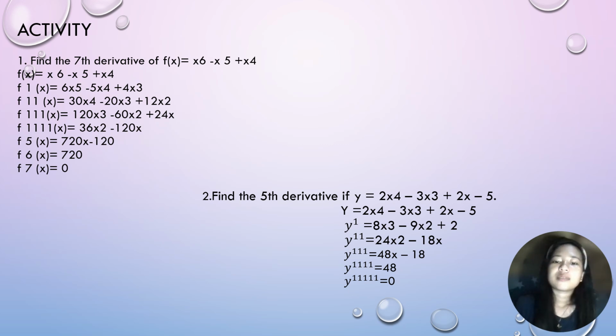Next, the second derivative is 3 times 8, 24x, 3 minus 1 is 2, minus 2 times 9 is negative 18x, then 2 minus 1 is 1. So the third derivative is 24 times 2, 48, so 2 minus 1 is 1, so 48x minus 18. The fourth derivative is 48 and the fifth derivative is 0.